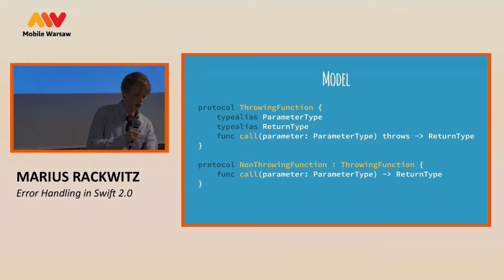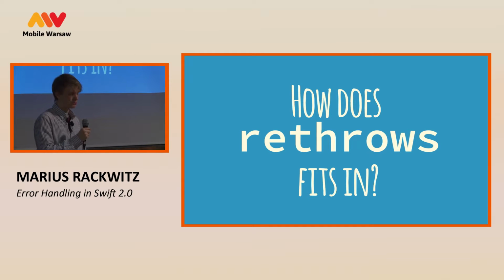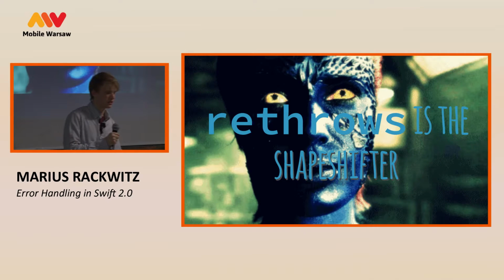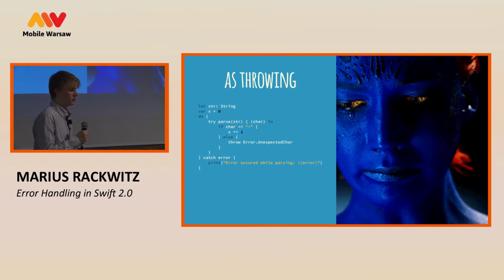But there was one other little thing here we didn't come across yet. How does rethrowing fit in the schema? So rethrowing is the shapeshifter here. It can appear as throwing. So if you define, here is the example, a little function parse which doesn't do anything different than proceed through the chars of a string char by char, and is called for every char.